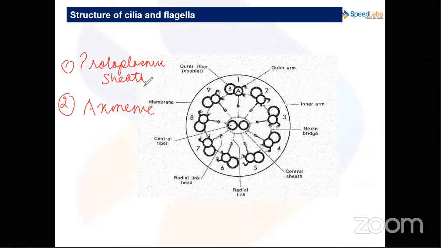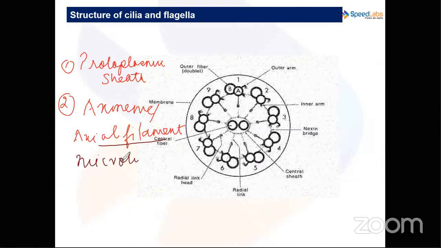You have the protoplasmic sheath and you have the axoneme. The other name of axoneme is axial filament. Now see, this axial filament has 9+2 arrangement. Now axial filaments are made up of microtubules.